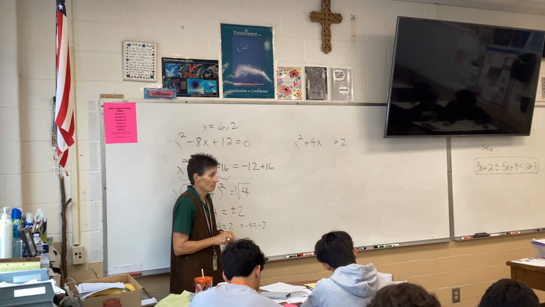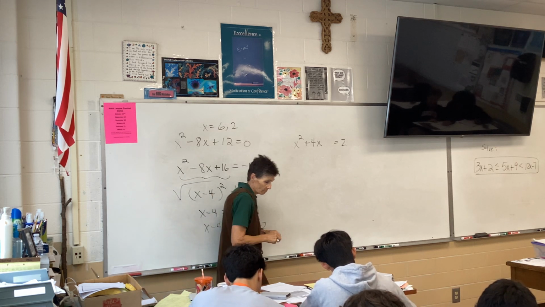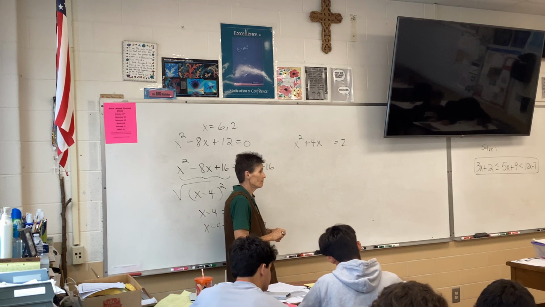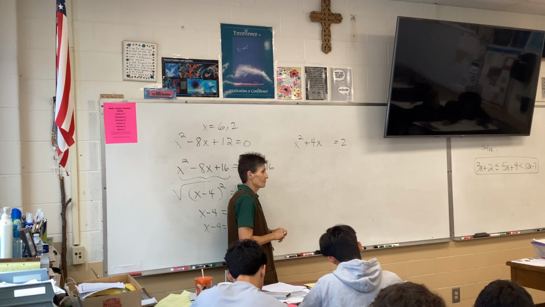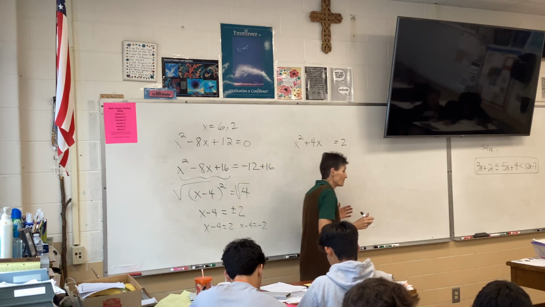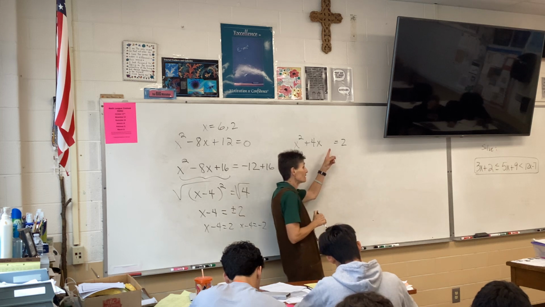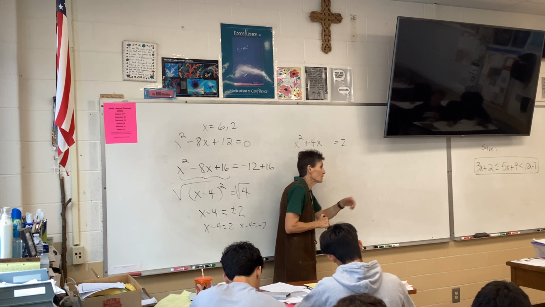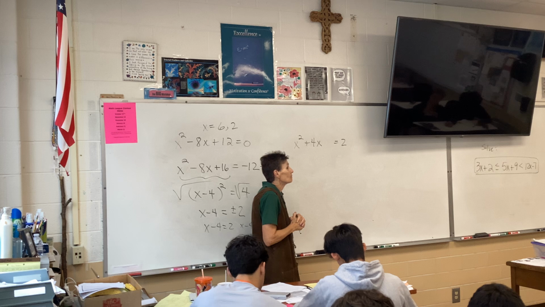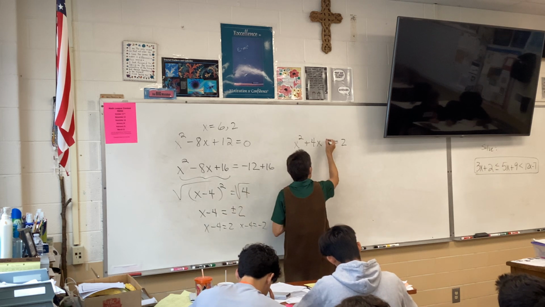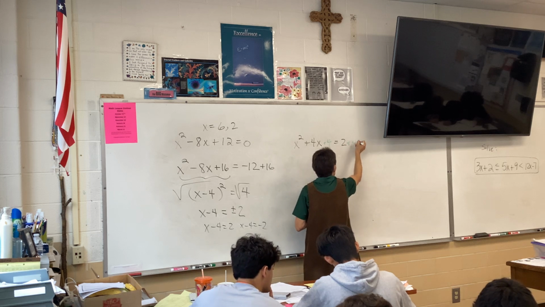I think you divide by 2. Jayla, are you okay over there? Have you figured out the number you're going to add to both sides yet? What is it? 4. Did everybody add 4 to both sides? Yes.